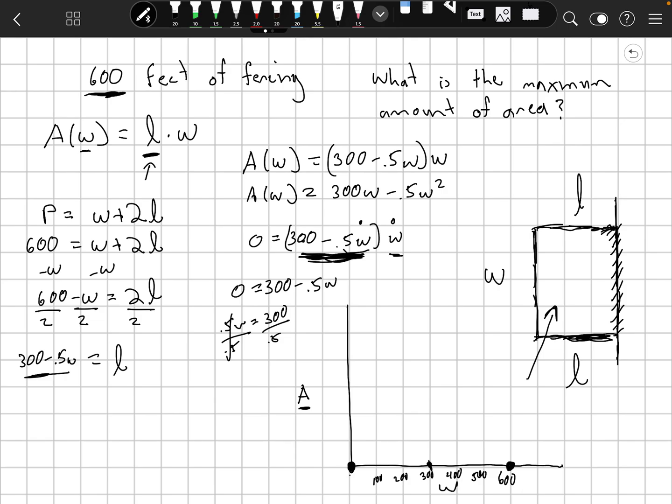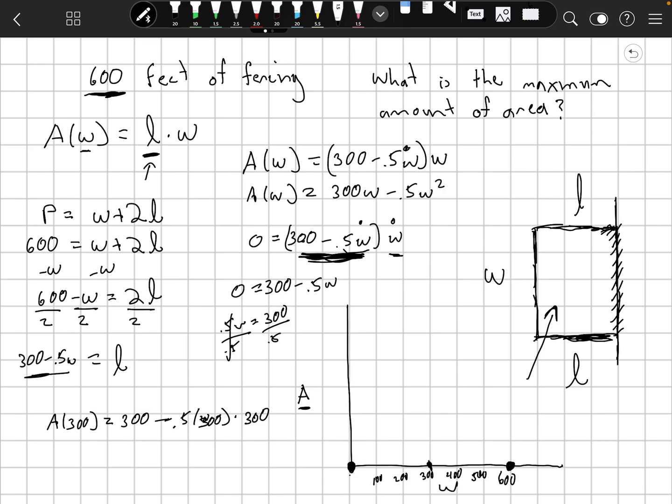So let's plug in 300, that's my x, or my W, my input, and see what I get for my output. So I'm going to go A of 300 equals 300 minus 0.5 times 300 times 300.